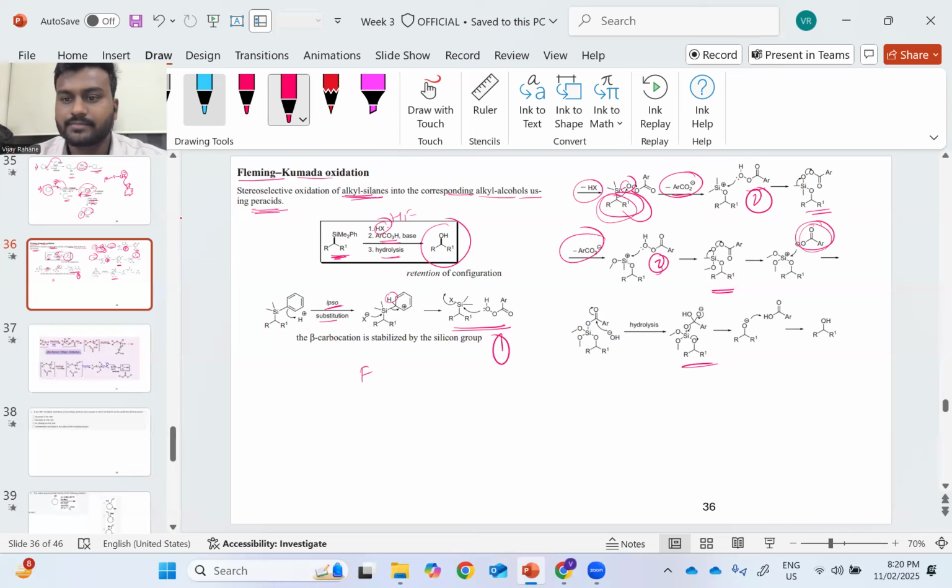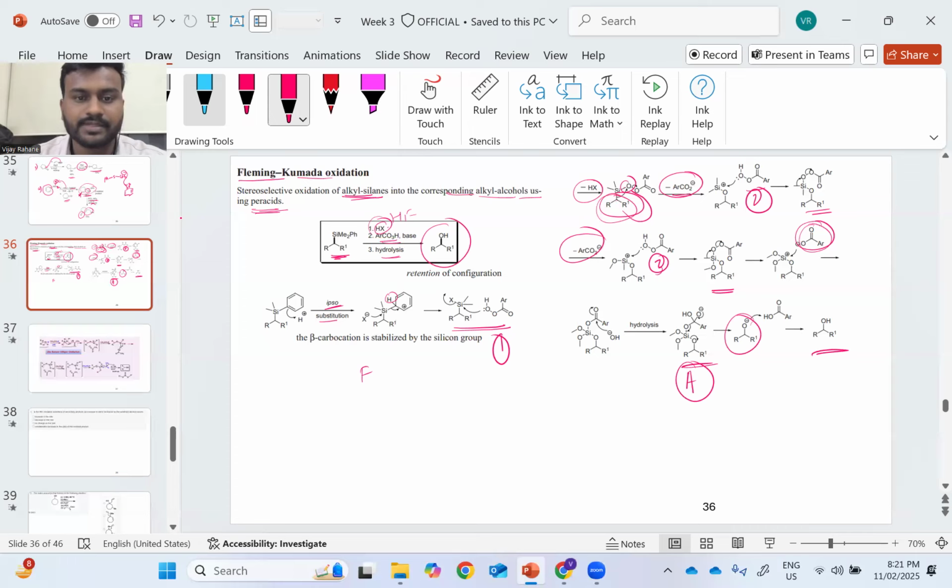So there are almost three equivalents of per acid getting utilized, and whatever the acetate, or here in this case benzoate anion, attacks to get the intermediate. Let's say this is the intermediate A, and on hydrolysis it gives the alcohol. So there are obviously too many steps involved, but if you look at the reagent combination, just remember the reagent combination.